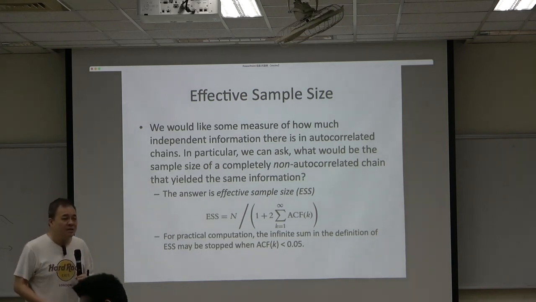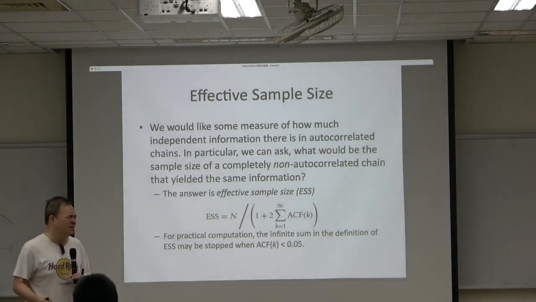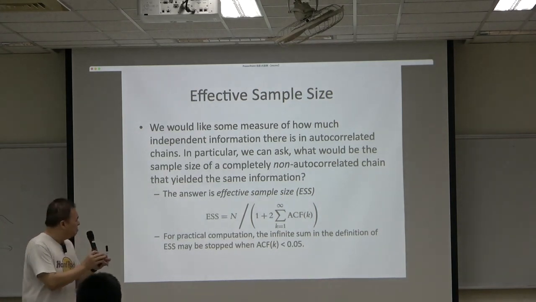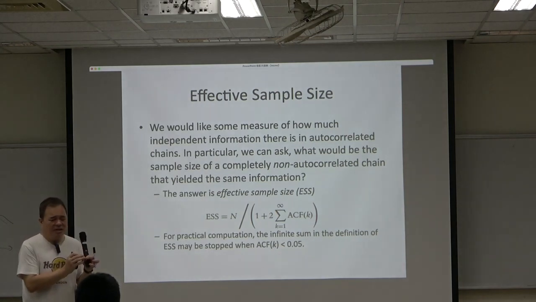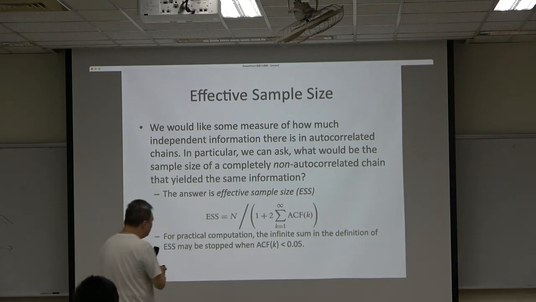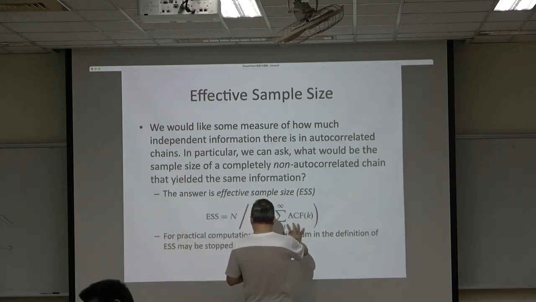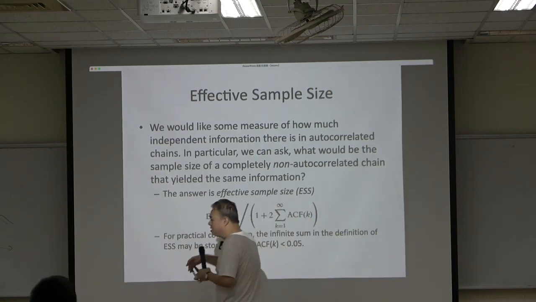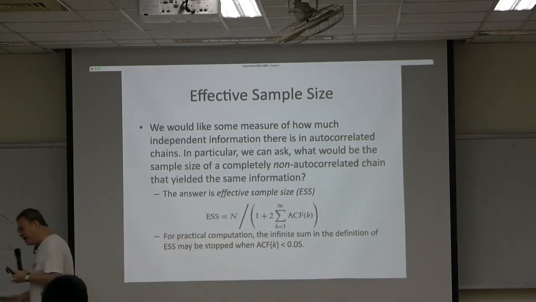It could be negative, but most of the time it's positive when it comes to autocorrelation, though that isn't guaranteed. So when the autocorrelation is negative, it could make the ESS larger than the number of samples. It's possible, but not very likely.